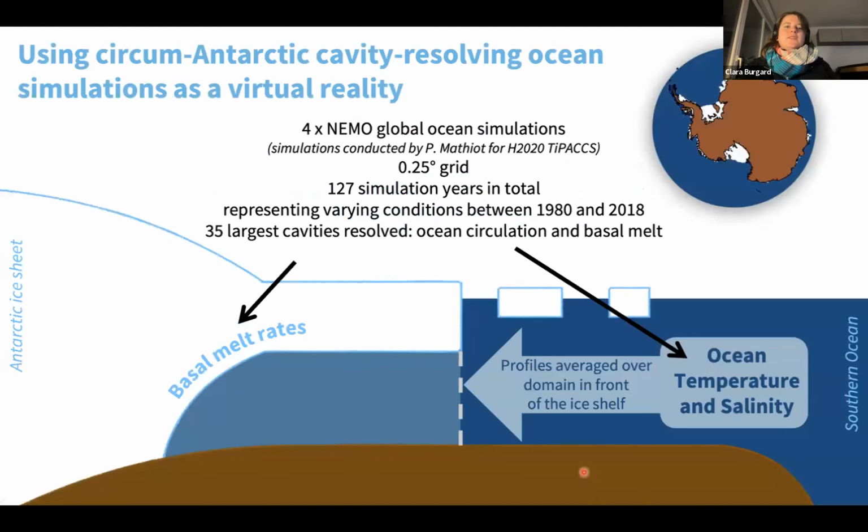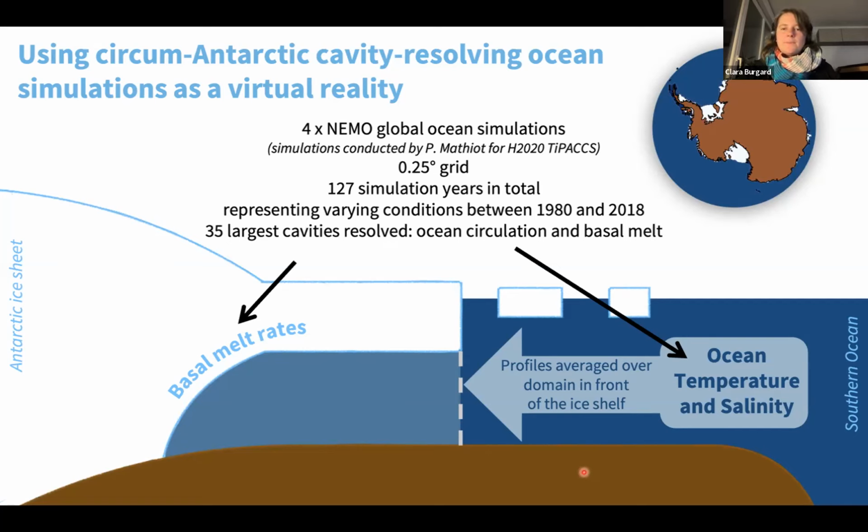So what does circumantarctic cavity resolving ocean simulation mean in our case? We had an ensemble of 4 global ocean simulations done with the ocean model NEMO. These simulations were conducted for another project, but they were there, so that's what we took. They are resolved on a 1/4 degree grid, and in total they represent 127 simulation years, which represent varying conditions between 1980 and 2018.